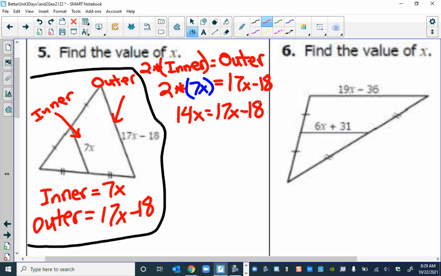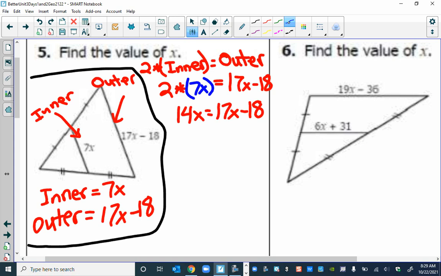Can we solve for x at this point? Yeah, we can. Because, well, can we combine the 17x and the 18? Can we do that? No. Now, on the other side of the equal sign is a 14x.